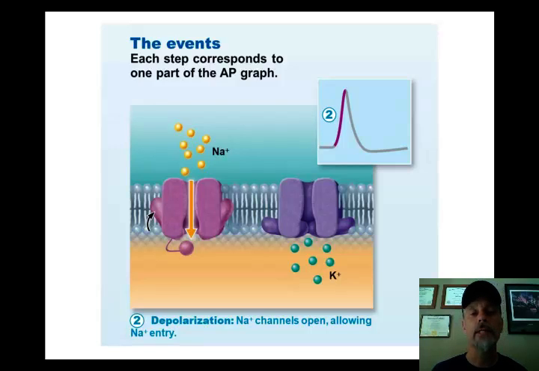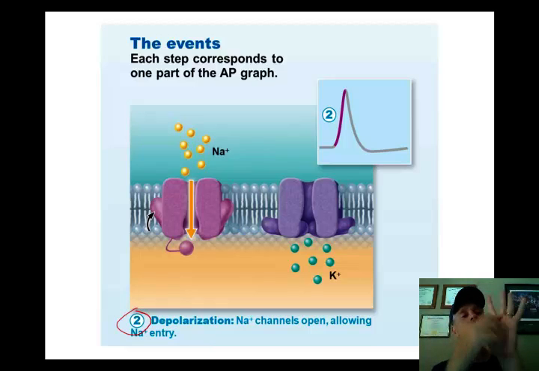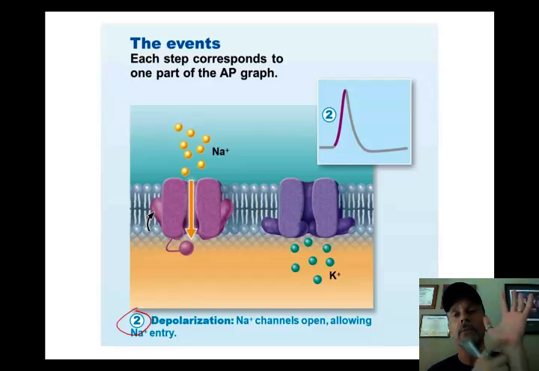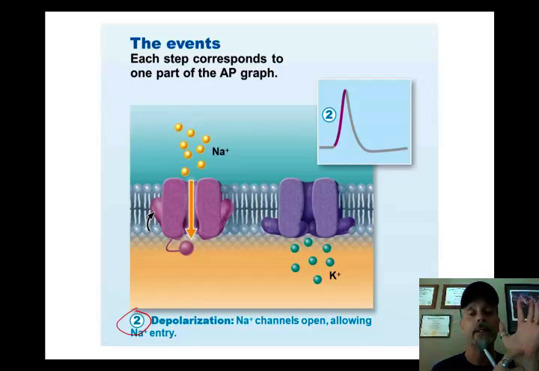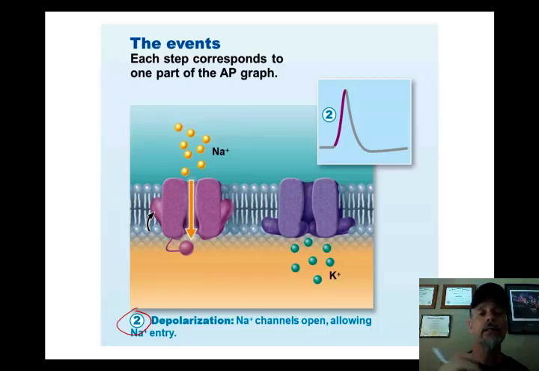Okay, so step 2, depolarization. What we're going to have here is, for instance, we're getting enough stimulation out here at the cell that it is becoming more and more depolarized with its graded potentials, and that axon hillock is also becoming more and more depolarized. So we're going to have these voltage gated channels open up.